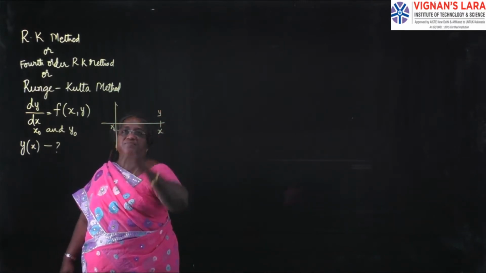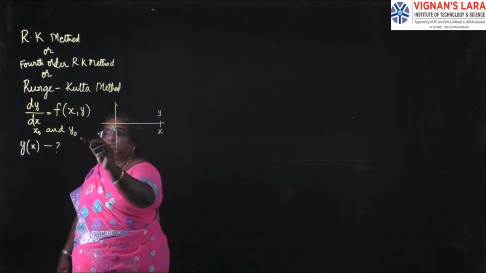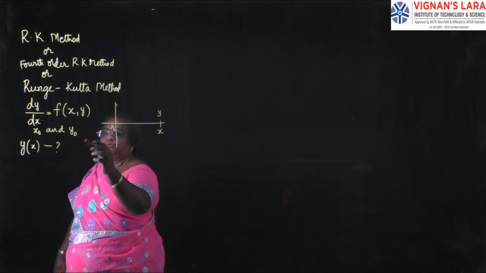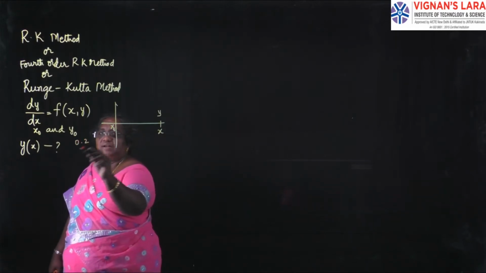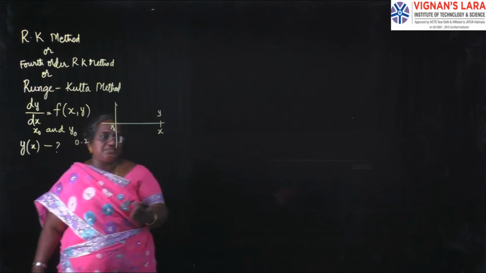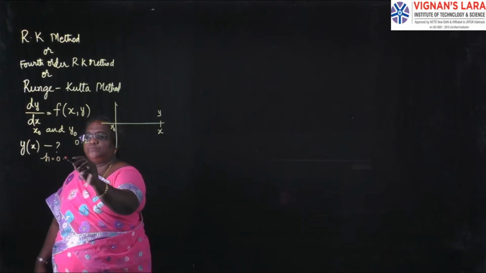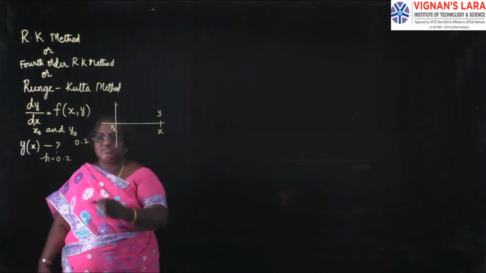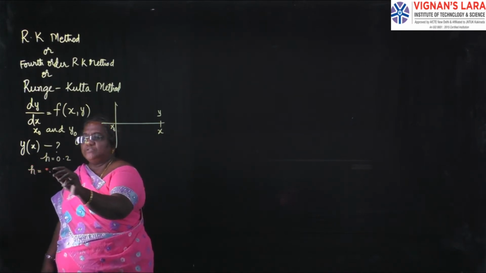Suppose you were asked to find it at 0.2. Here we take h depending upon the marks. If it is for 7 marks or 5 marks, we will take h equal to 0.2. If it is for 10 marks or 8 marks, we will take h as 0.1.